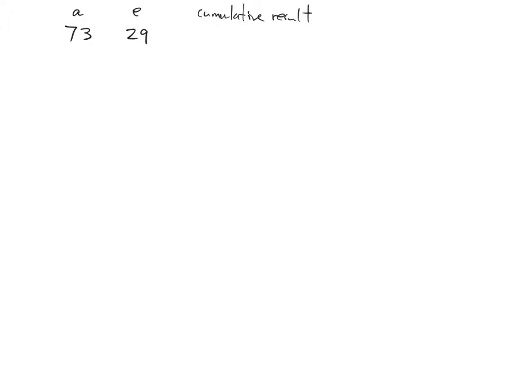At the beginning, because 29 is odd, we use the number 73, so we write down 73. That's the cumulative answer. Then the next thing we did was square 73, and if you remember, we got 44.